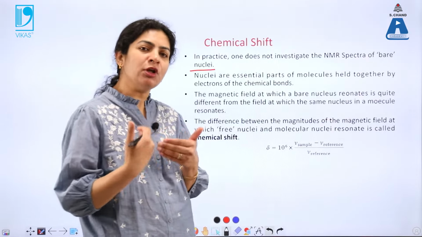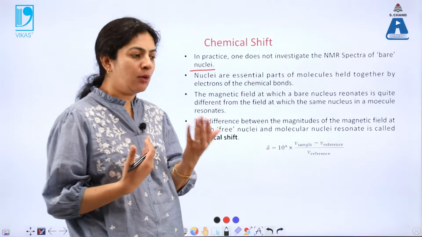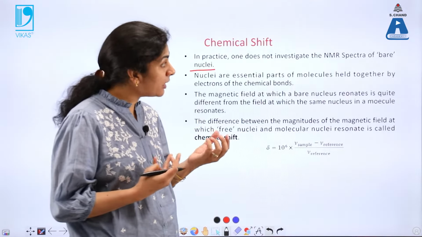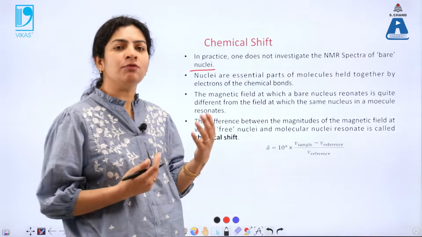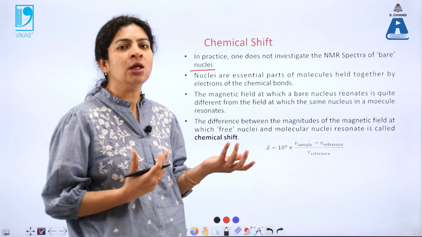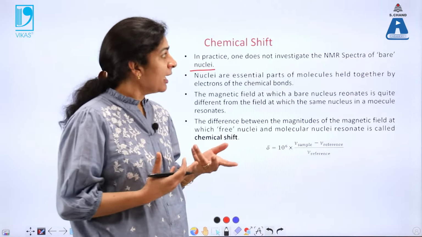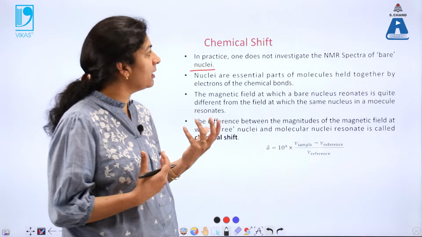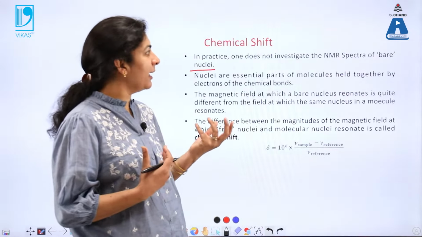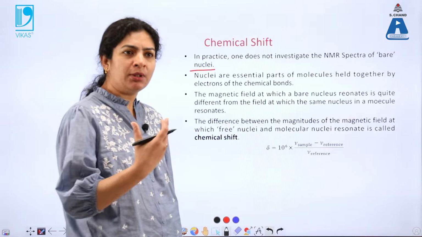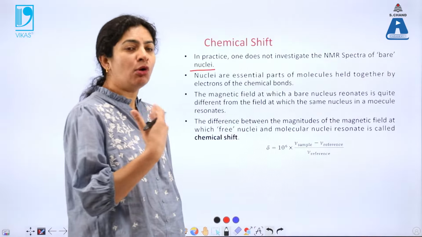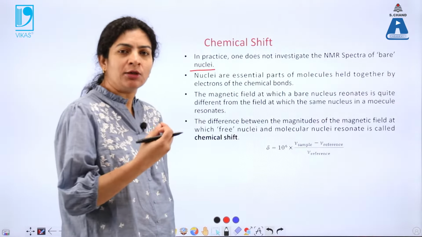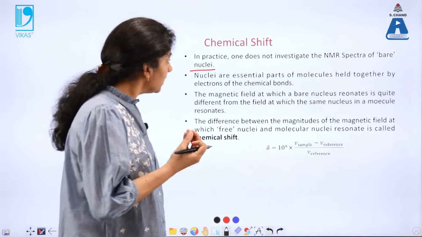And in most organic molecules, we know that carbon, hydrogen, oxygen and nitrogen are the nuclei present in any organic compound. We are also at an advantage that out of carbon, nitrogen and oxygen, only hydrogen absorbs and shows the NMR signal.